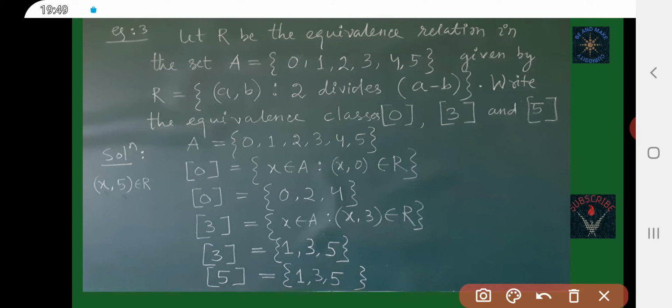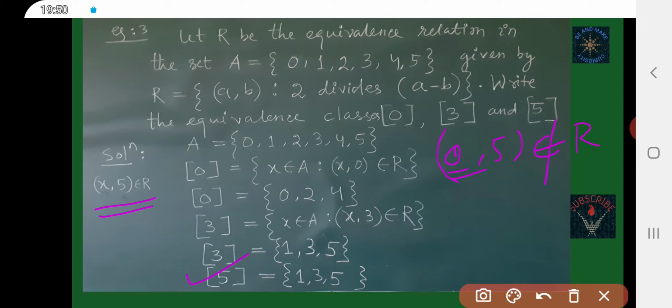Similarly, here you can find the equivalence class of 5, that is (x, 5). If you take (0, 5), this does not belong to R, so we cannot take 0.